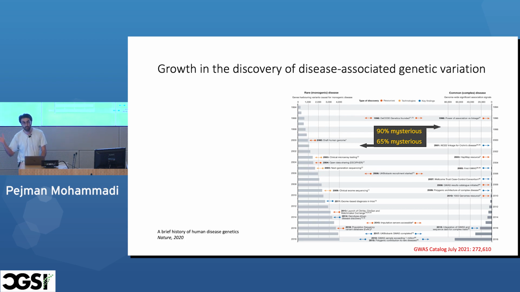On the GWAS side, the majority of the signals fall outside of the coding genome, and as soon as they're out, we are for the most part lost, as long as they're not in some sort of smoking gun region in the genome that you exactly know what it does. And for the most part, we don't.